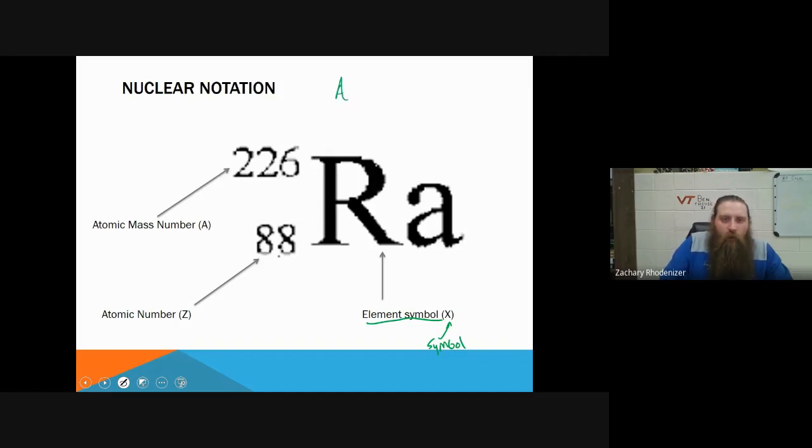So we know that the mass number is the number of protons plus neutrons. And so if we subtract the protons from both sides, A minus P+ equals N0. Another way you could write that would be A minus Z equals neutrons, because P+ equals Z, equals the atomic number.